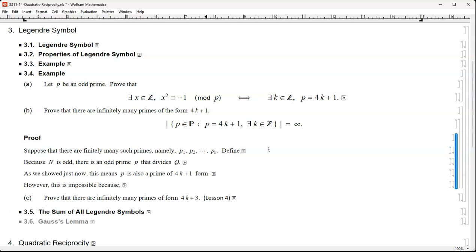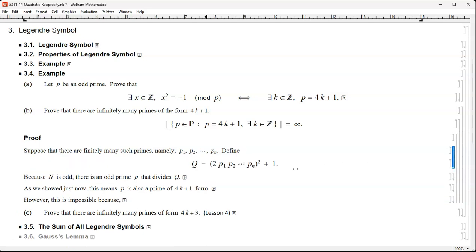First, let's suppose there are finitely many, P1, P2, P3 up to Pn, and then we're going to define this form, the product of all plus 1. But unlike the previous example that I showed you in the previous video, that there are infinitely many primes, a review of what we did in lesson 4, we took the product squared, and then we put 2 here, an obvious attempt to get the 4k plus 1 form.